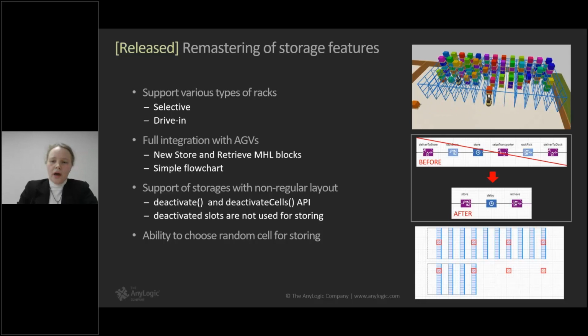So our store block or our store function won't store the agents or items inside these cells of the rack. So they are not even empty. Actually, for AnyLogic, it is like they don't exist at all. And of course, they are not counted in your statistics.